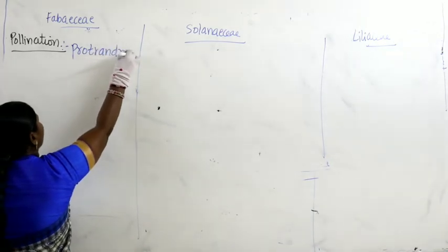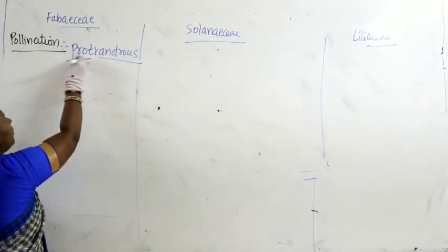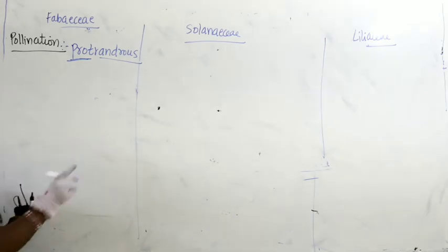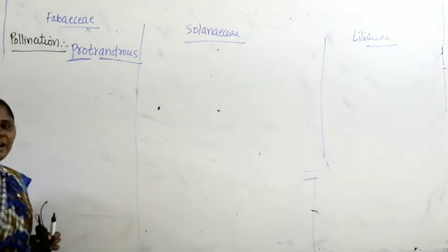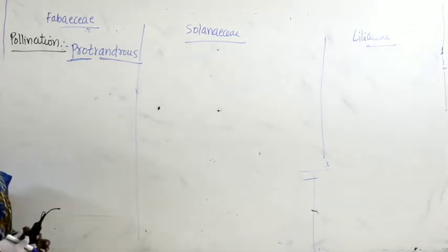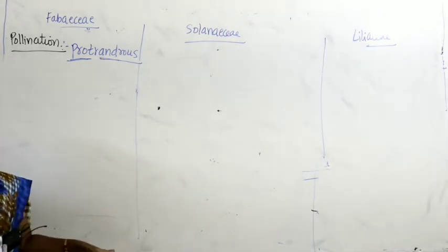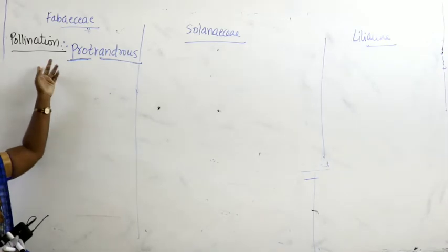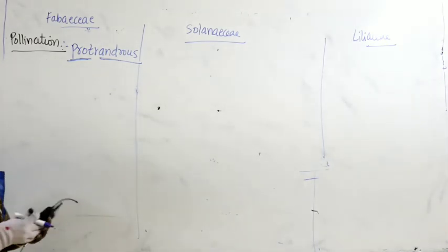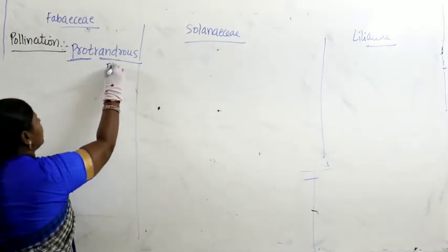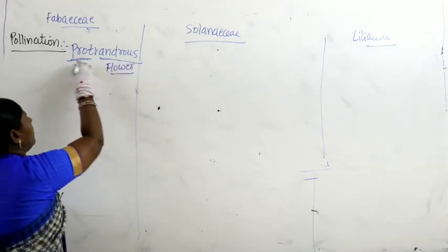What is the meaning of protandrous? Proto means first. Androus meaning androecium. Guys, listen carefully, this is a new term for you. We have not discussed it in morphology. The pollination occurs in protandrous flower. Generally we call this flower as protandrous flower.